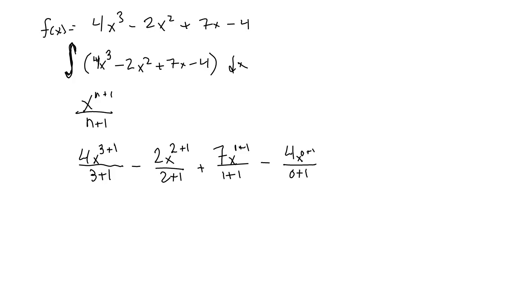0 plus 1. And now, because we can technically have any constant at the end of any function, we have to add c, because when we go back and take the derivative, the c will go away because it'll become 0. So I'm left with 4x to the 4th power over 4 minus 2x to the 3rd power over 3 plus 7x squared over 2 minus 4x over 1.